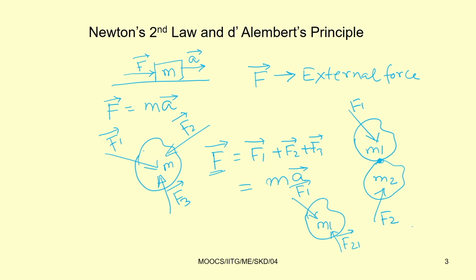Similarly, we draw the free body diagram of the second mass: the external force F2 and the force F12. F21 and F12 are equal and opposite, so they are a pair of constraint forces.